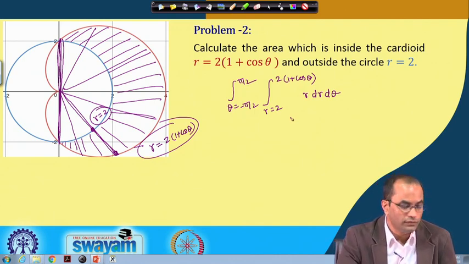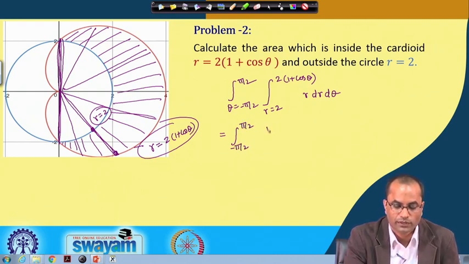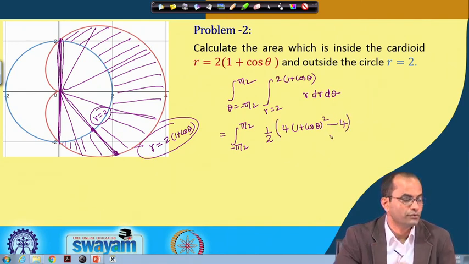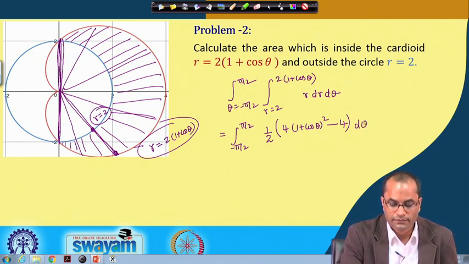So, which we can evaluate now easily. So, this is minus pi by 2 to pi by 2, here r square by 2. So, r square means here 4 times 1 plus cos theta squared, the upper limit, and then we have minus 4 again for the lower limit, and this d theta.